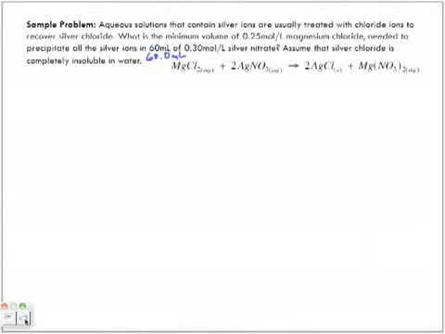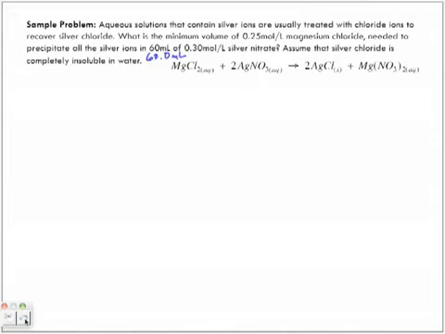Here is the starting equation, just in case you're struggling to put together the actual formulas. We've got magnesium chloride plus 2 silver nitrate to produce 2 silver chlorides and 1 magnesium nitrate.